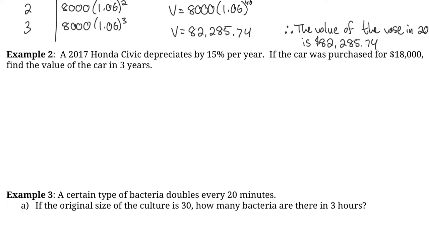We need to state our variables, and we know that we're finding the value of the car, so v can represent the value of the car. And n is going to represent the number of years, but since we're starting at 2017, it's going to represent the number of years since 2017.